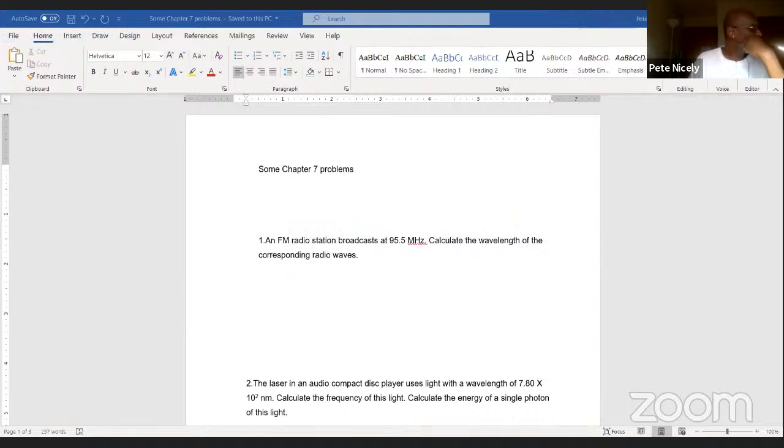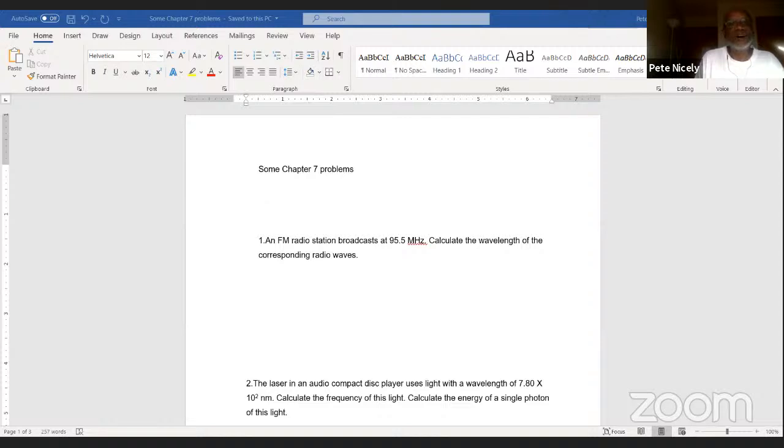Okay, so number 3 says microwave radiation has a wavelength on the order of 1.0 centimeters. Calculate the frequency and energy of a single photon of radiation. So in this case, the question is asking for the frequency and it gives you the wavelength. So therefore we can write down that frequency is equal to c over lambda, all right?